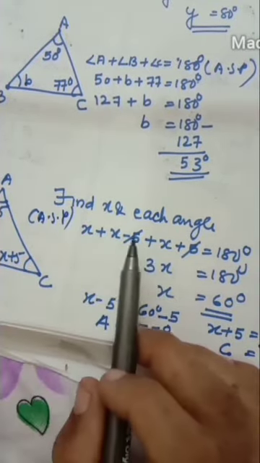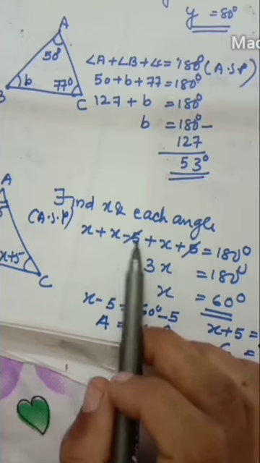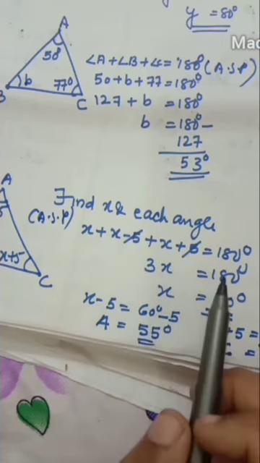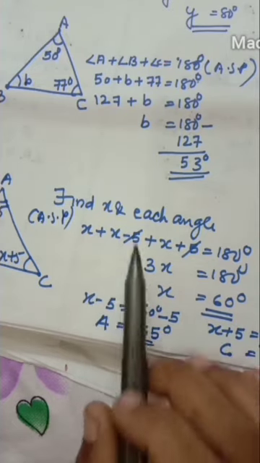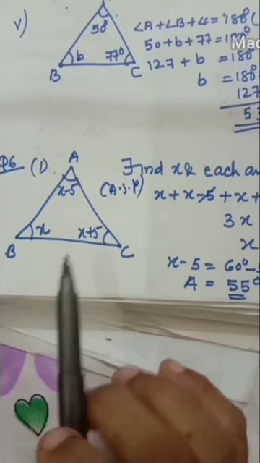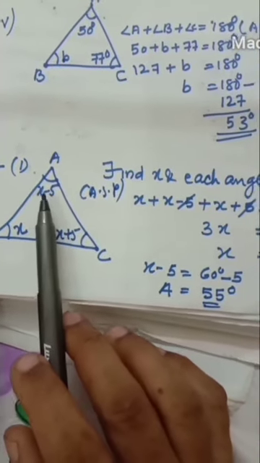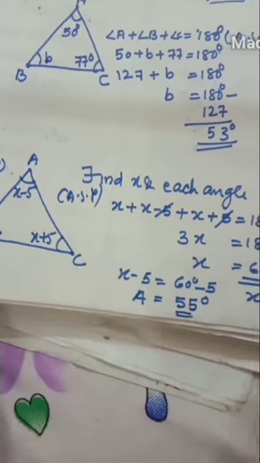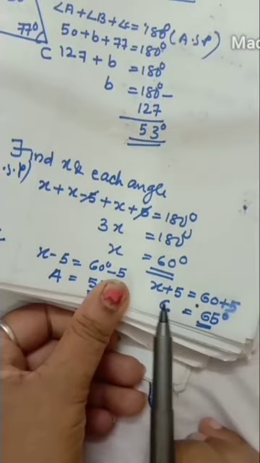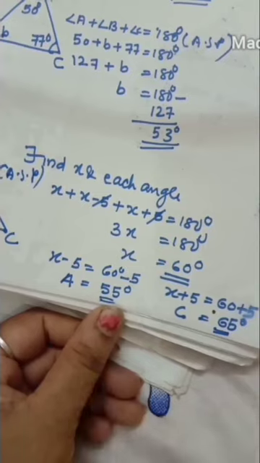Okay, then plus 5 minus 5, it will come 0. Then 3x equal to 180 degrees, cut out, x equal to 60. Then you put x equal to 60 in x minus 5. One of the angles is x minus 5. 60 minus 5 is 55. 60 plus 5 is 65. Okay, children. C equal to 65, A equal to 55.